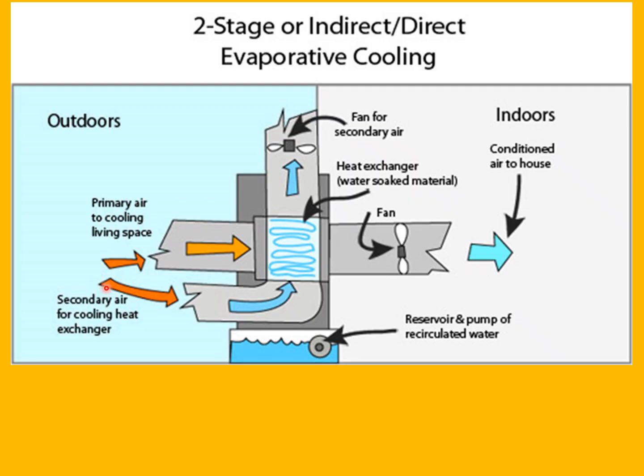Whereas the secondary air goes like this vertically and through the heat exchanger, that is the wet pad of the cooling system, and a secondary fan takes the wet air, wet heat out of the system.